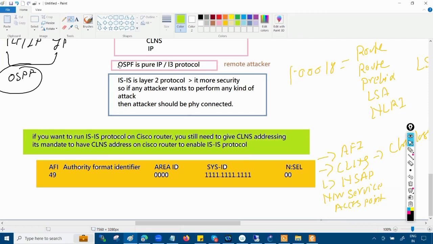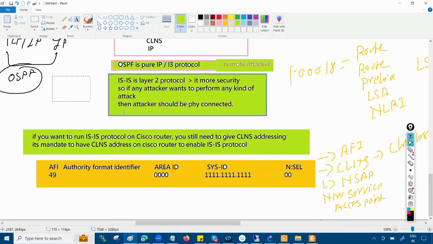Again, just a point on this: for these protocols, the attacker has to be remotely connected. But in ISIS, the attacker has to be physically connected. A remotely connected attacker cannot do the attack in ISIS, as it's a layer 2 protocol.